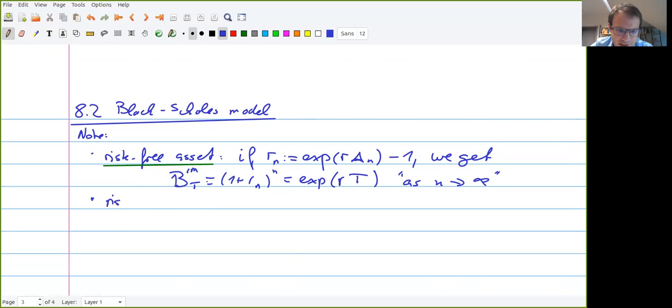And now let's look at the risky asset. Right. Oh, such a green mess. Okay, what happens here? Okay, here it gets a bit more complex. Here you need again at least the central limit theorem, which I just stated.